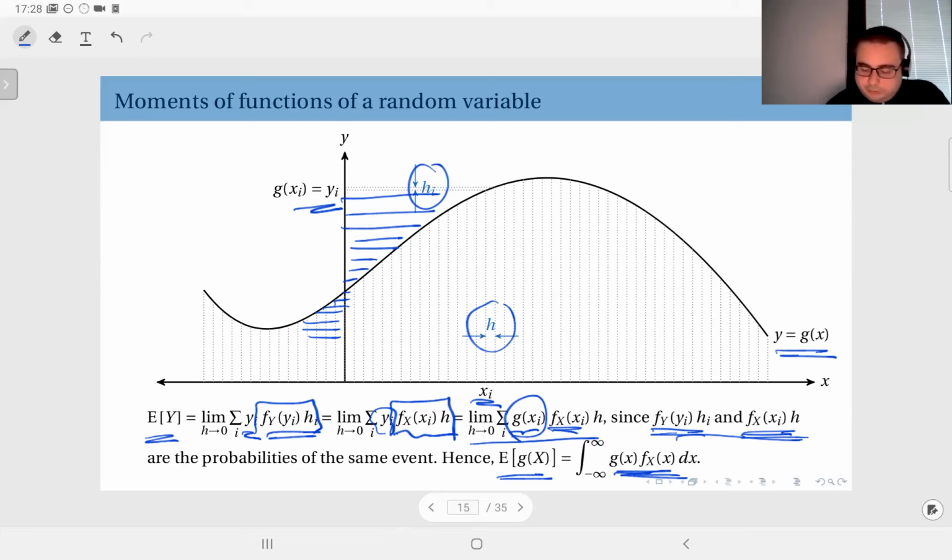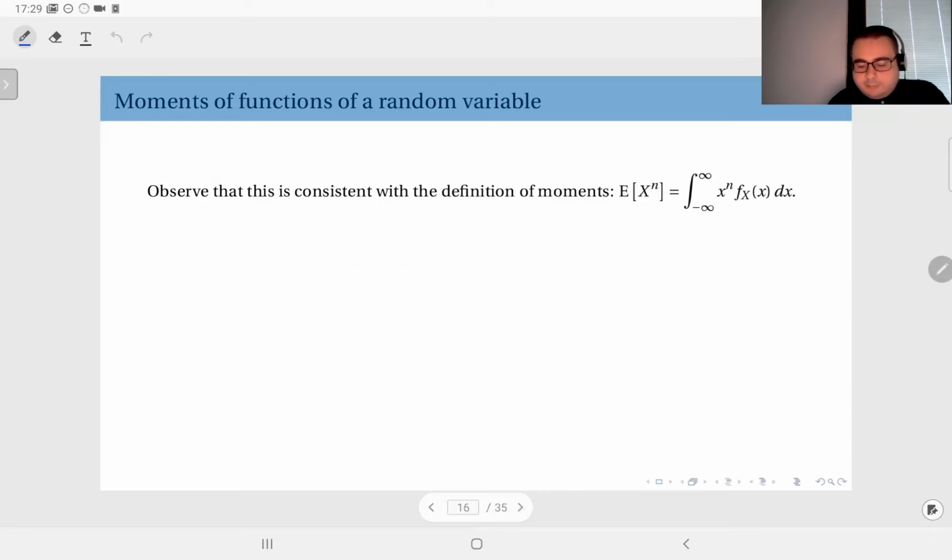Okay, so you see, this is also valid for discrete random variables when you consider the PMF as a special case of the PDF using impulses. And this is also consistent with our definition of moments of a random variable.